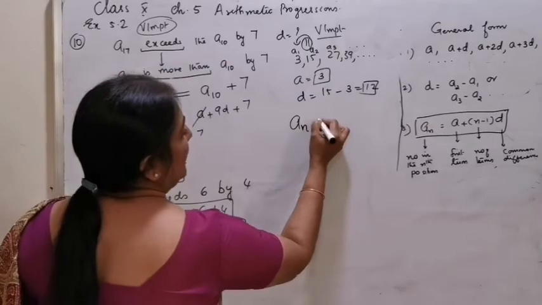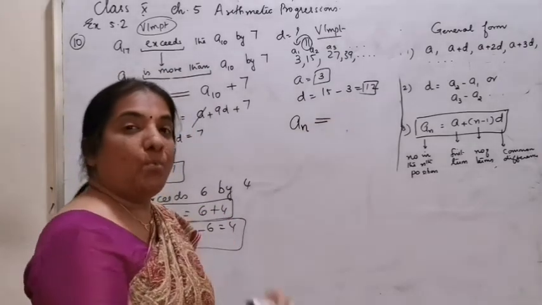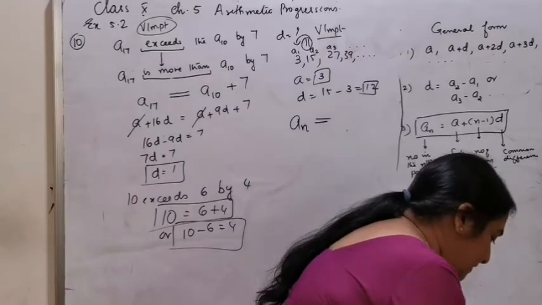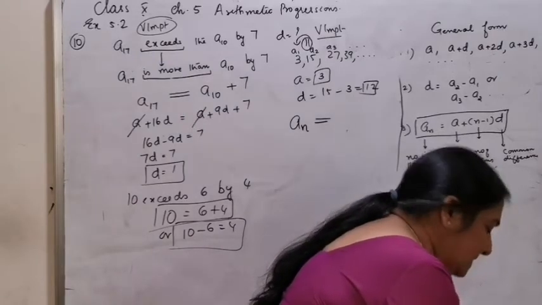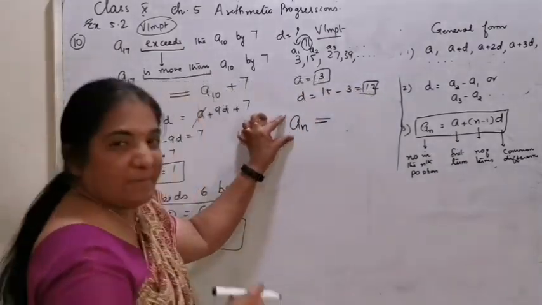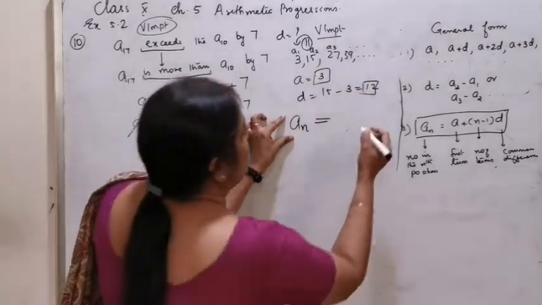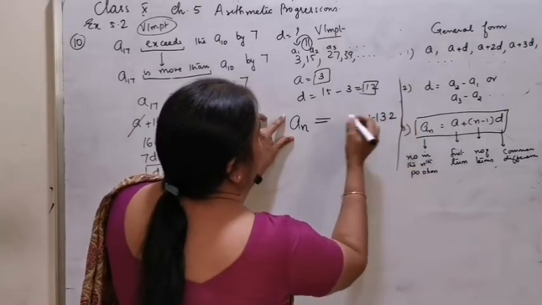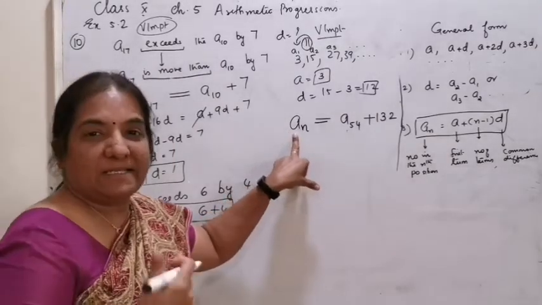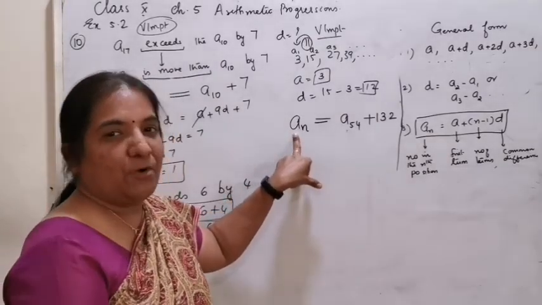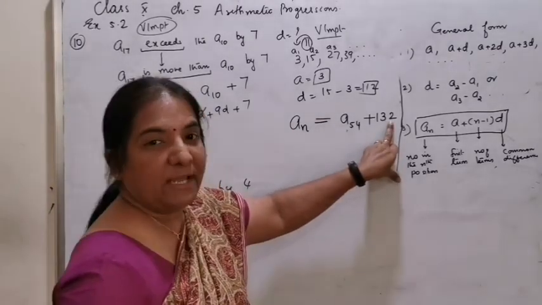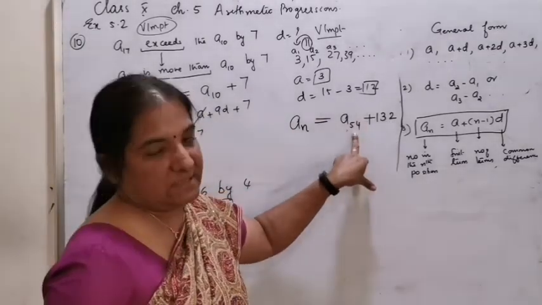Which term of the AP will be 132 more than its 54th term? That means let AN be the term which is 132 more than the 54th term. Which term? Let us take it as the nth term. So how do you present it? AN is equal to 132 more than the 54th term.